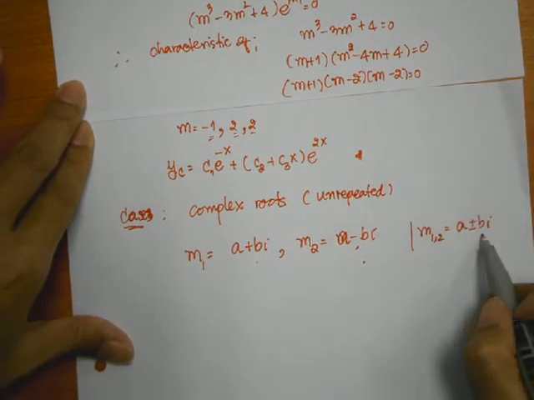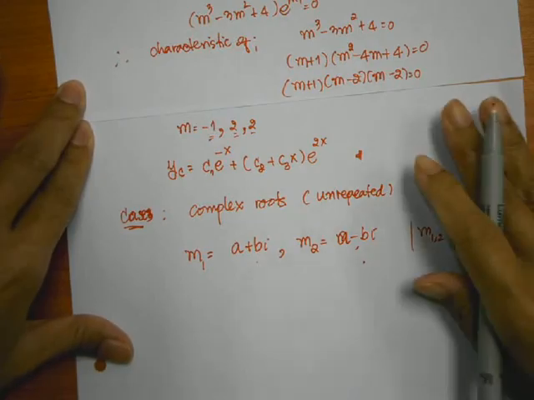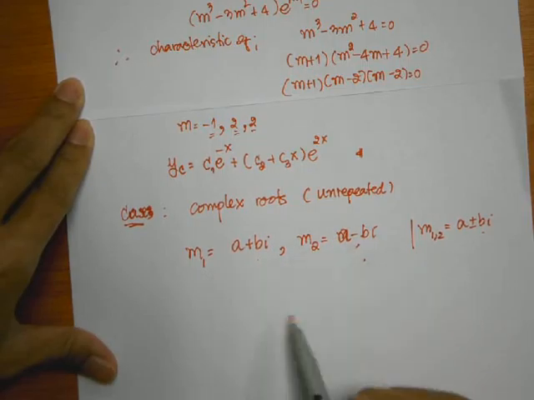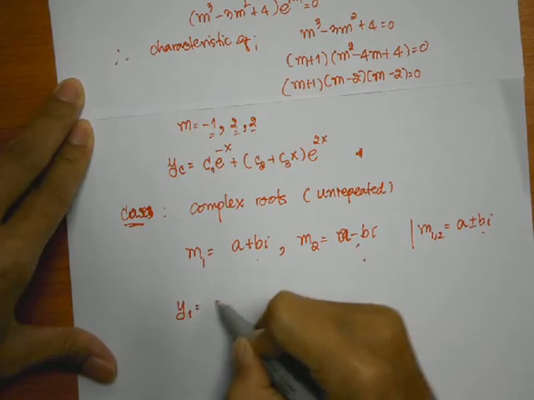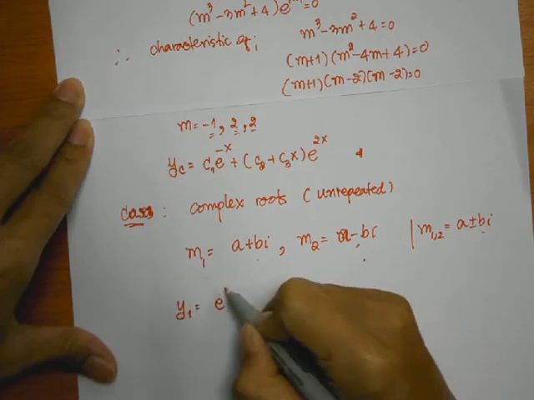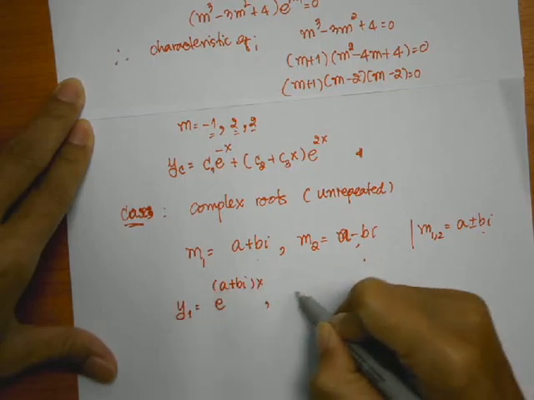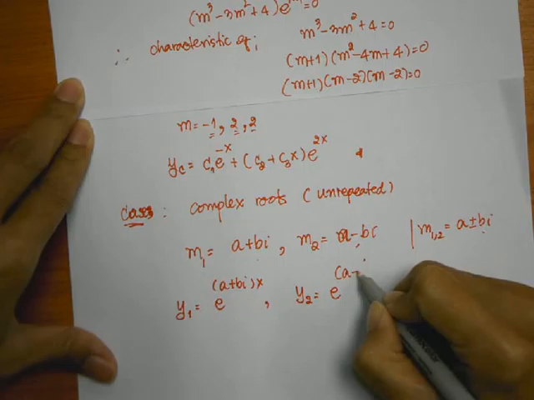b is the imaginary part. The way that we write it down, we can say that y1 is equal to exponential of (a plus bi)x, and y2 is equal to exponential of (a minus bi)x.